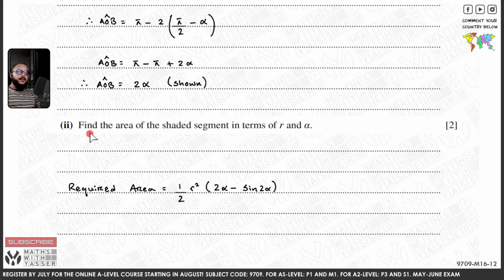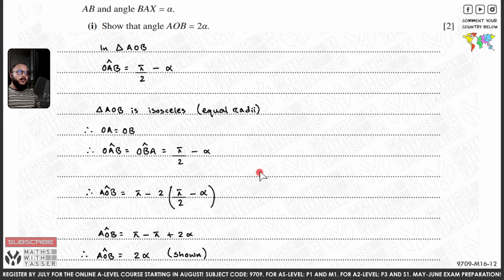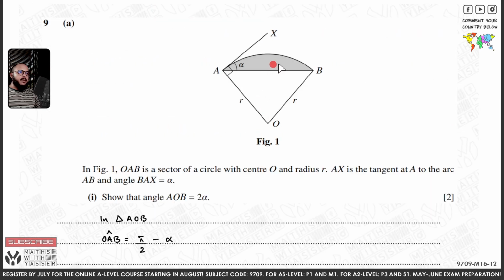In the second part of the question, we need to find the area of the shaded segment in terms of r and alpha. So this is the shaded segment that they're talking about, and as you can see, this is a minor segment. And you should know that the formula we use for the area of the minor segment is half r squared (theta minus sine theta).